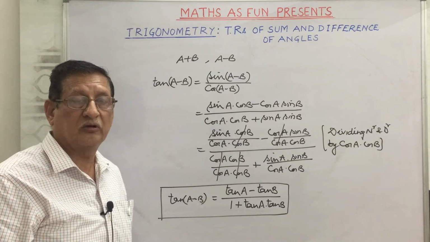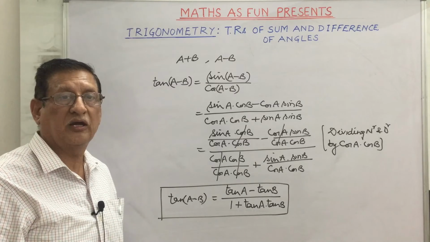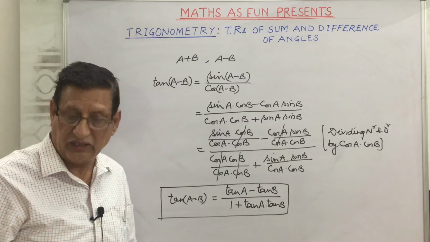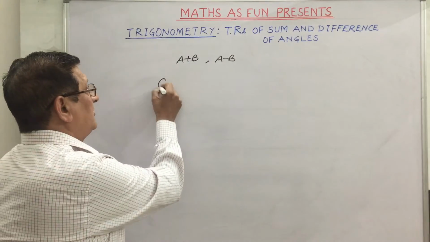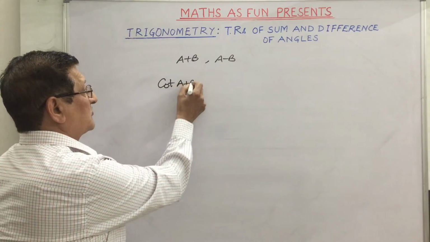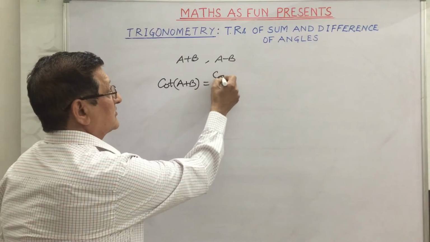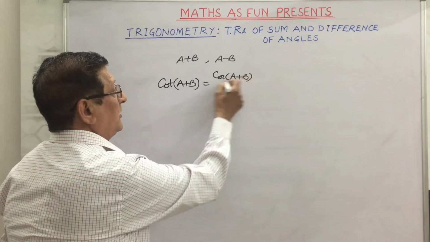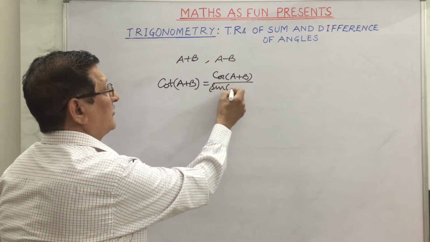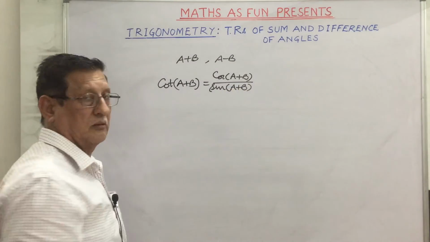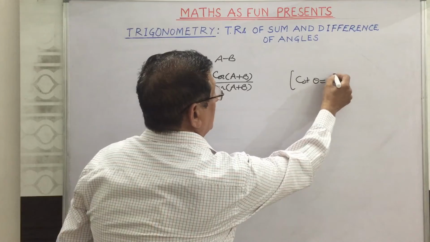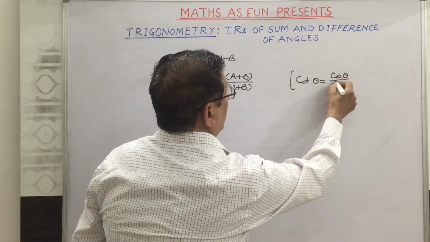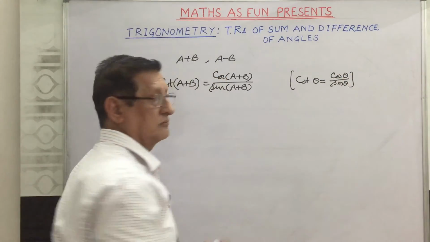Similarly, we can go for cot A plus B and cot A minus B also. Let's do that. When we want to find out the formula for cot A plus B, can we write this as cos of A plus B upon sin of A plus B? Because we know that cot theta is equal to cos theta upon sin theta.